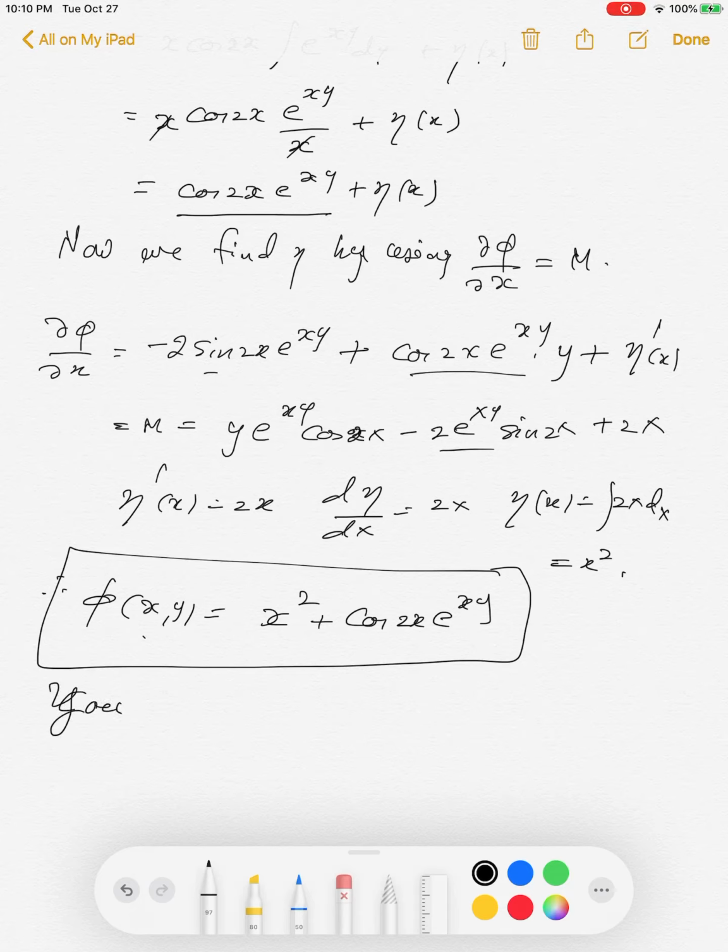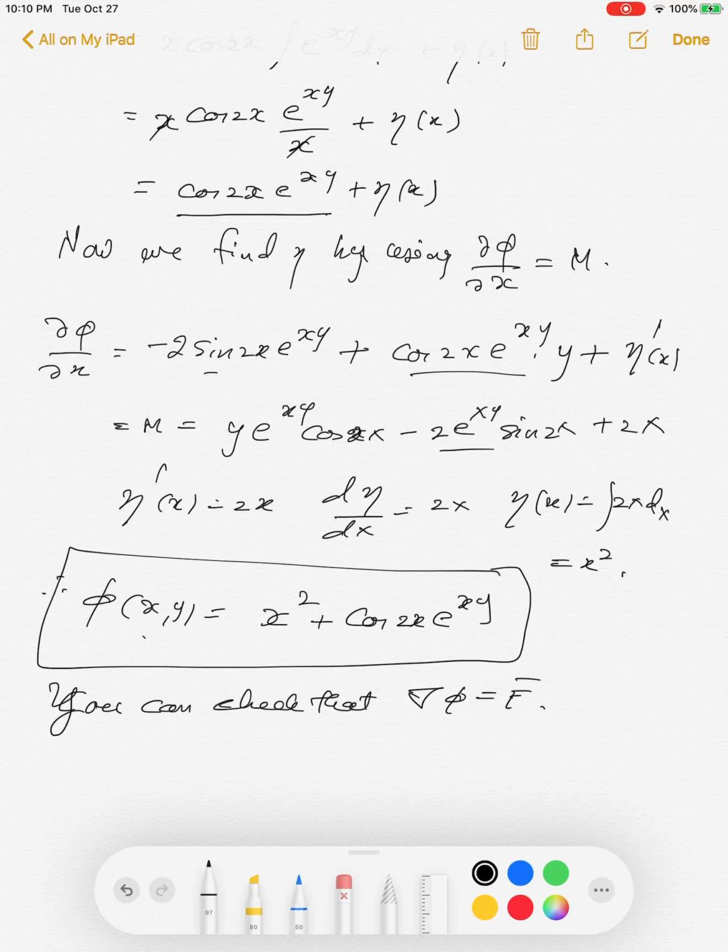So you can check that the gradient of φ is F. You need to do these problems; I think I have asked you on homework set 7.